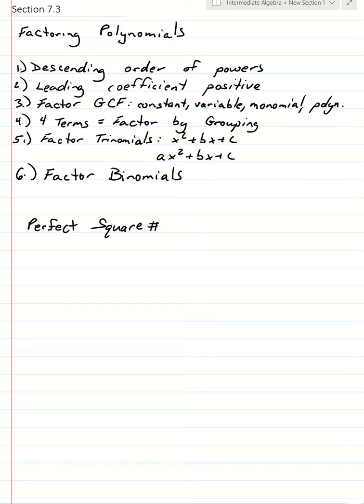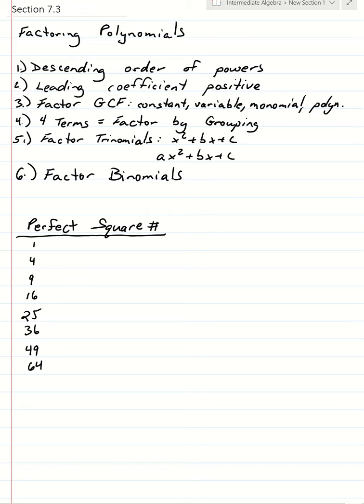So for perfect square numbers, I'm going to give you some examples, okay, because any number when you square it will form a perfect square number. Well, here are some very common ones: 1, 4, 9, 16, 25, 36, 49, 64.